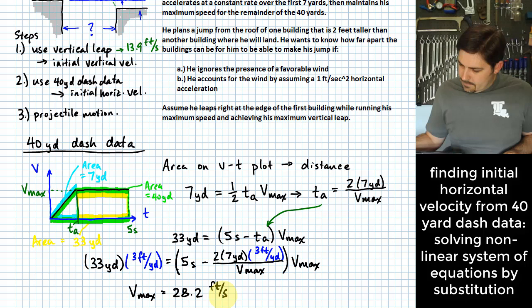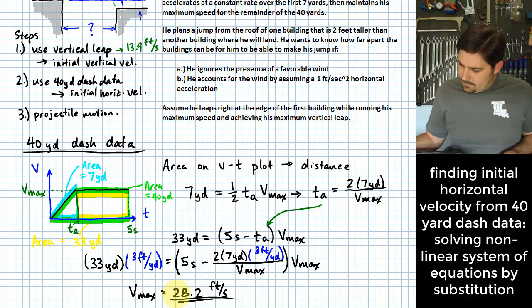All right, and that is another good piece of information for us to have, because he's making the assumption that he's going to leap right at the edge of the building while he's running his maximum speed that he figured out from his football tryout. And he's also assuming he can achieve his maximum vertical leap.